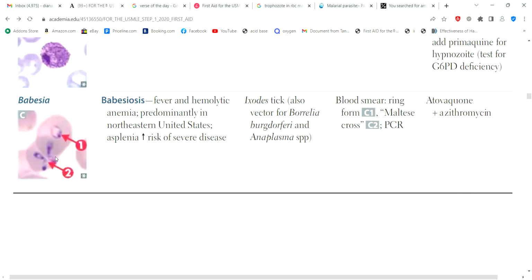Now, I have to tell you, higher risk of babesia in sickle cell patients because sickle cell patients have no spleen, and having no spleen increases risk of severe babesiosis. So if somebody has sickle cell disease, they're at increased risk for babesia.